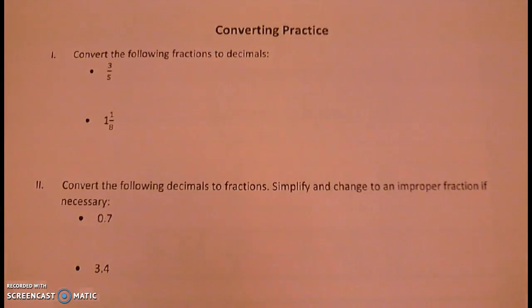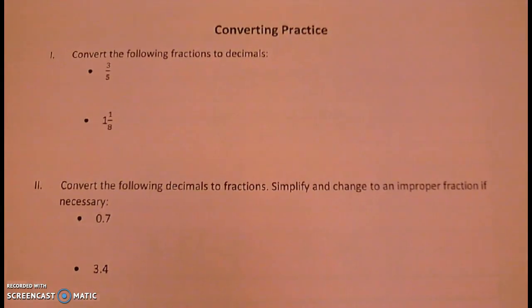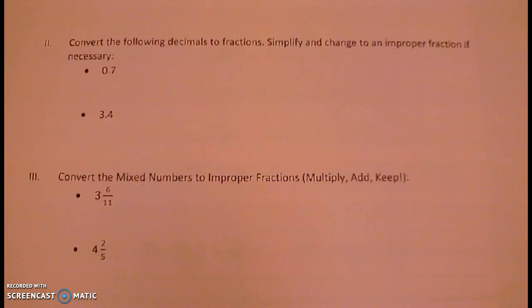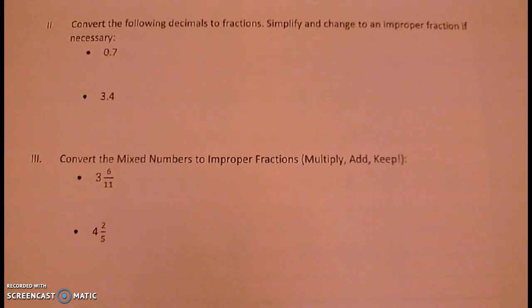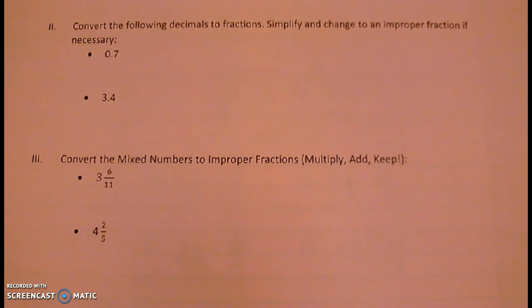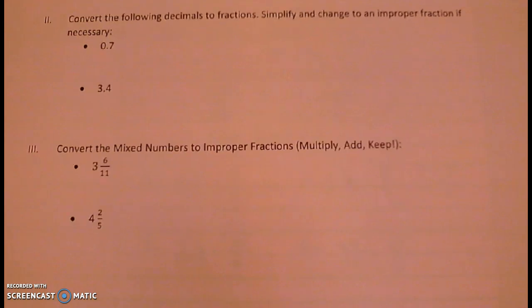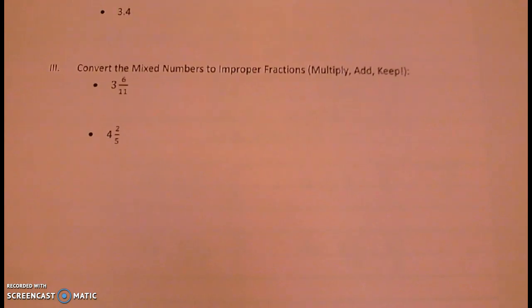If you want to pause now and do it, you can. Next, you are going to convert the following decimals to fractions. Simplify and change to an improper fraction if necessary. And finally, you're going to convert these mixed numbers to improper fractions using the multiply, add, keep song.